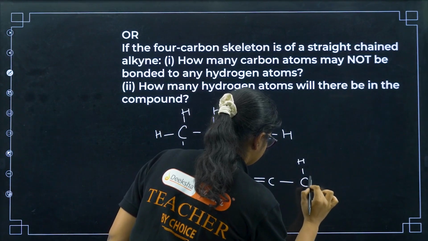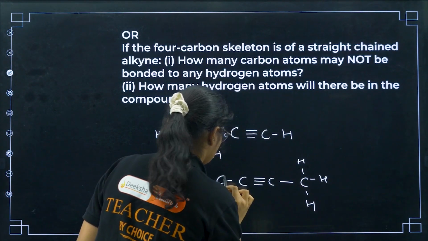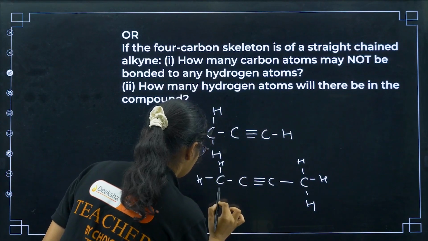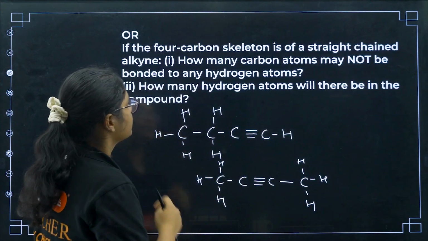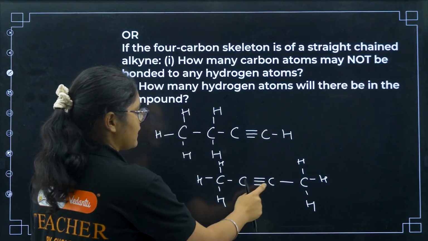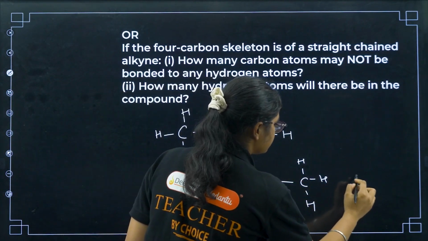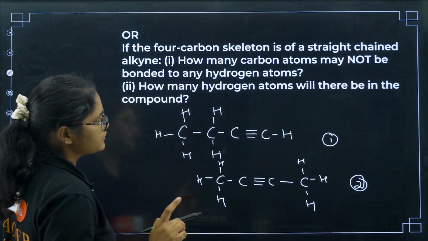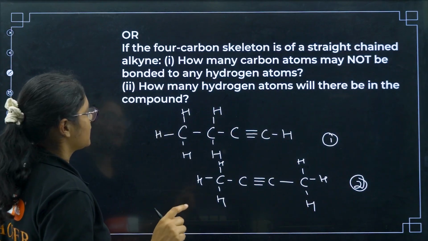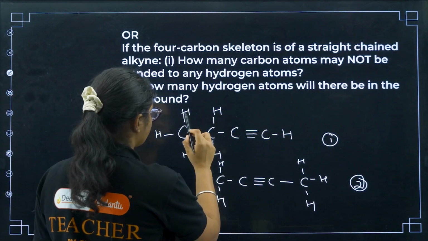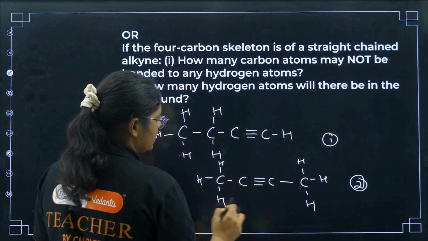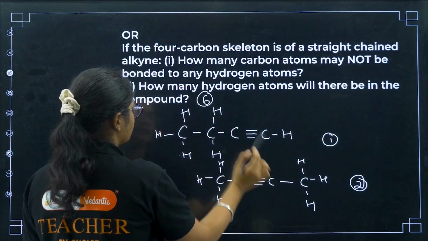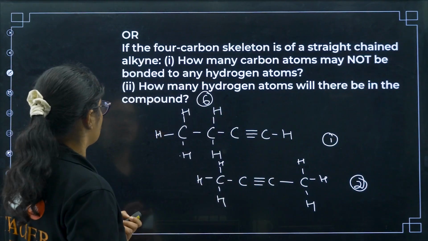Yes, I can have a structure like this also. In this structure it is 2, in this structure it is 1. Next, how many hydrogen atoms will be there in the compound? You can see the number of hydrogens is 1 2 3 4 5 6, here also 6. Let us see the answer now.